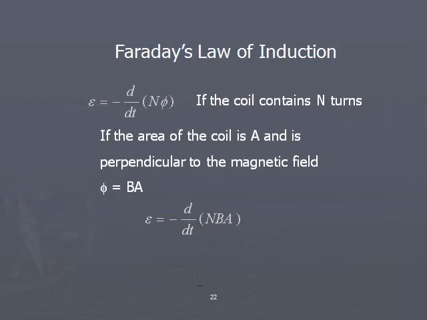N indicates the number of turns, B is magnetic field induction and A is the area of the coil. This relation is valid only when the coil surface is perpendicular to the magnetic field, or the angle between the directions of the magnetic field and area vector is 0.